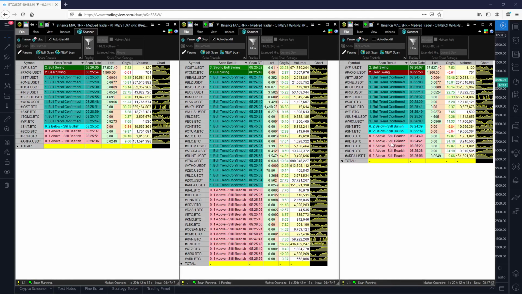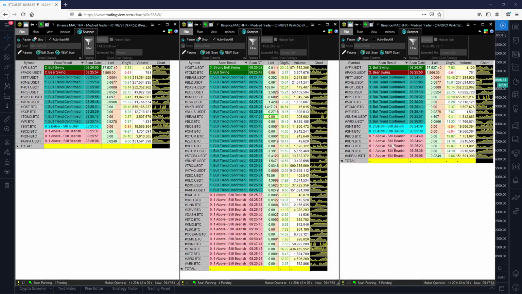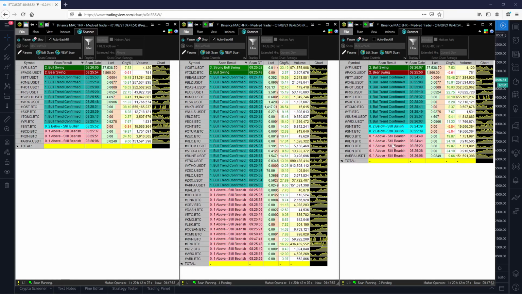Same thing with the 1 above and the 2 above, still bearish. Price has been in a general downtrend, but it has retraced above the moving averages, but Williams still shows it's a bearish market, so you can still expect that price will return back down.